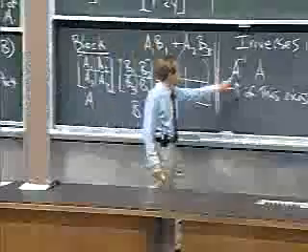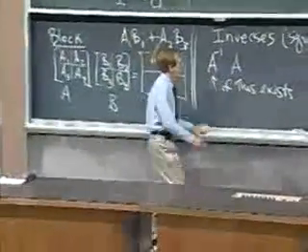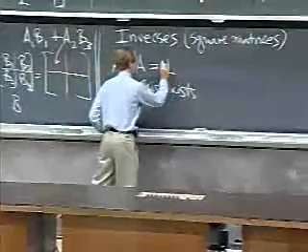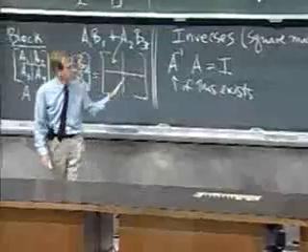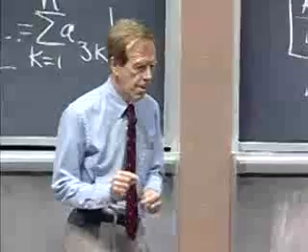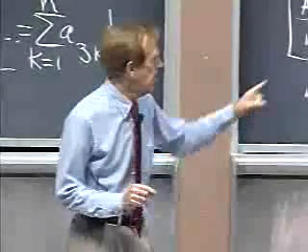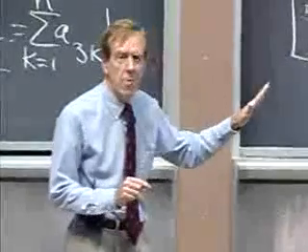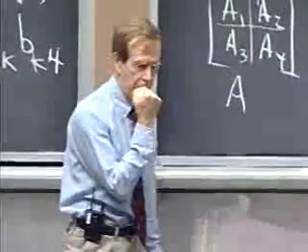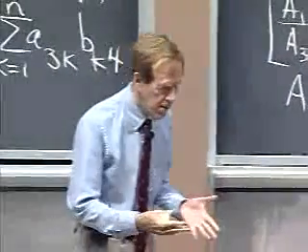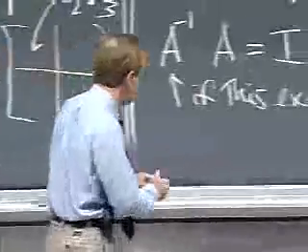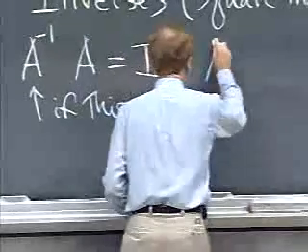This matrix, if it exists, multiplies A and produces the identity. And actually, there's a little more to it, because right now that's like a left inverse. It's sitting on the left of A. But an inverse, for a square matrix, could be on the right as well. So this is true too.